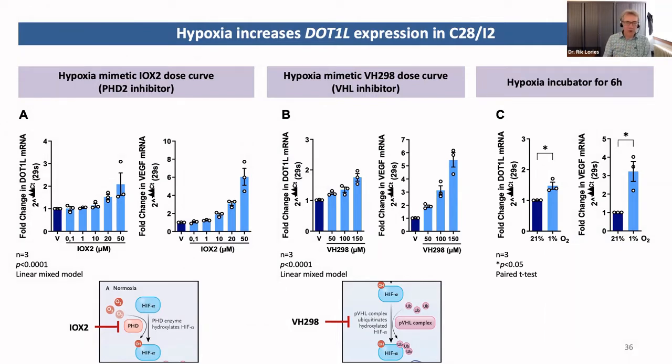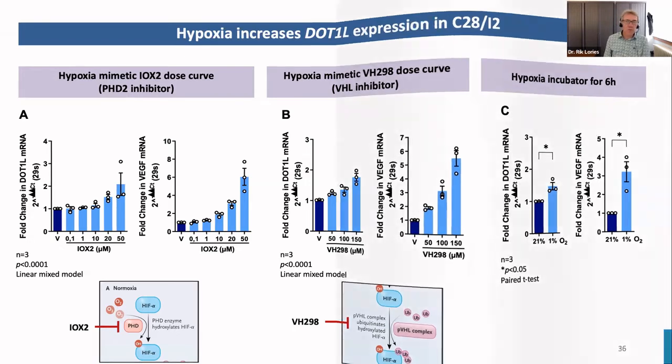We did this chemically with inhibitors of different enzymes that are involved in the stability of HIF1, creating a hypoxia mimic-like situation. But we also did this in a hypoxia incubator in which the cells were kept at very low oxygen.